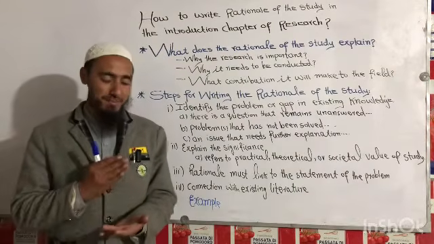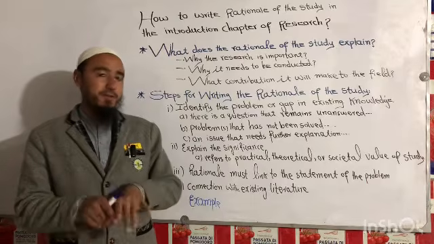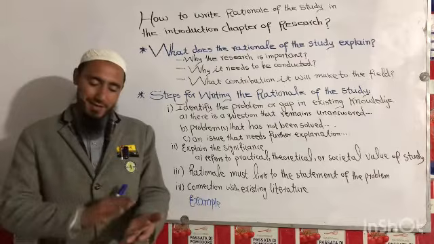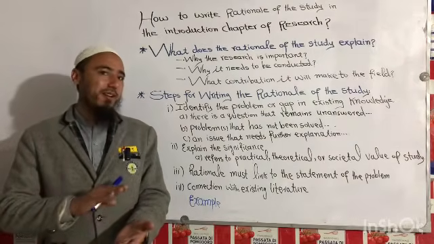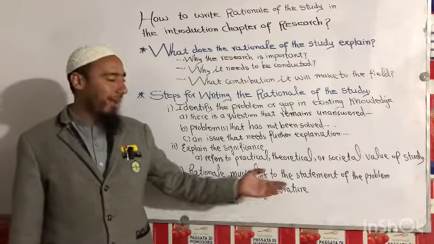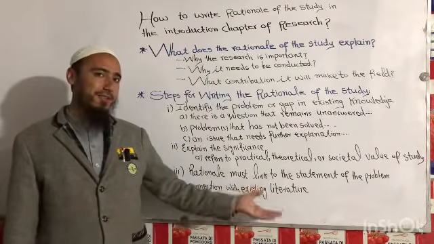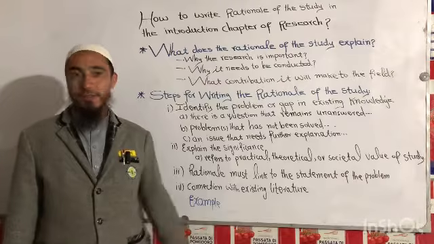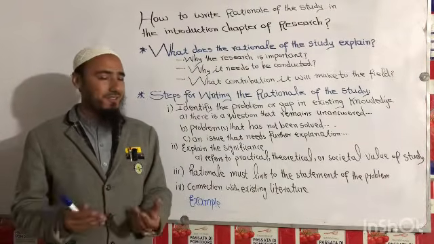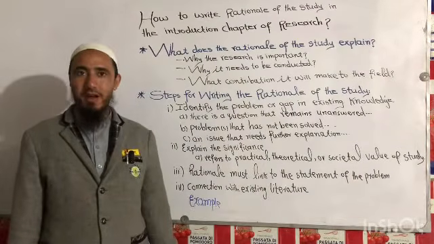It means that your topic would not be 100% different from the existing knowledge. Definitely, there will be a link. It means you will say that in this field, various research have taken place. Various researchers have carried out and conducted research. However, very little literature is available regarding this topic which I have selected.